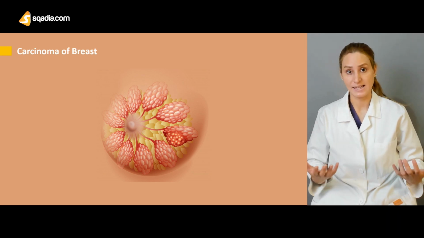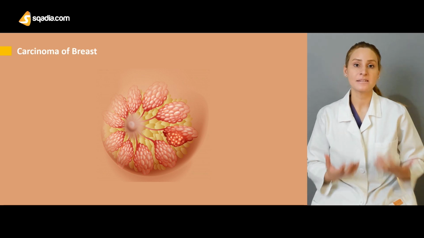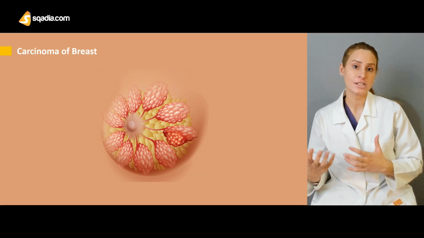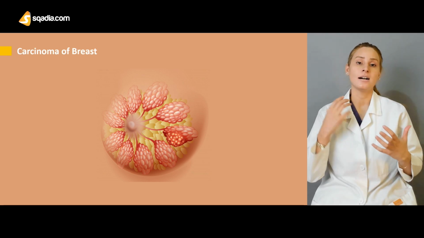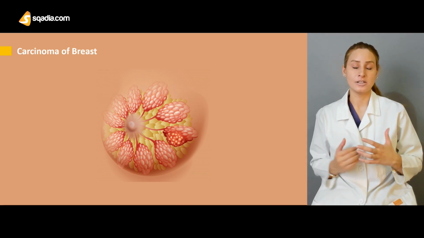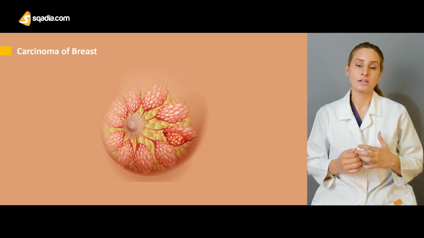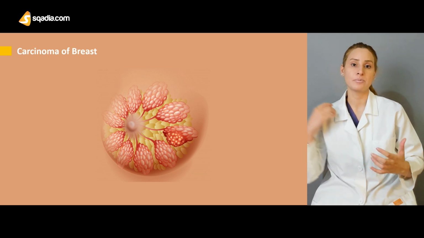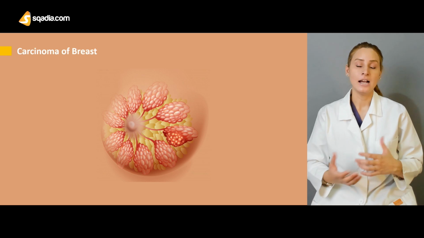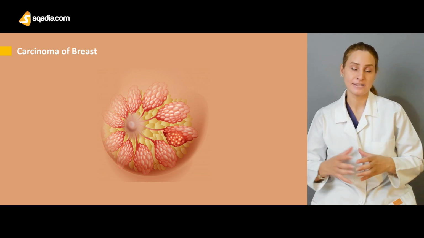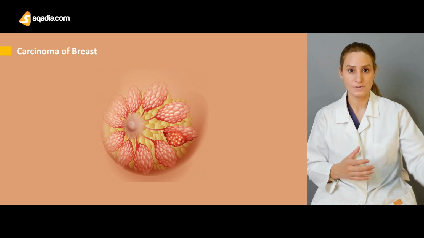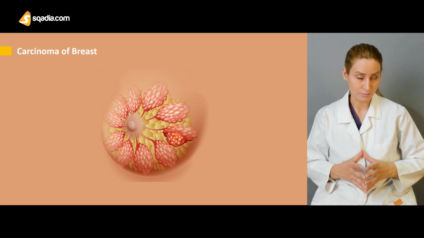A sentinel node is the first lymph node in which there would be drainage of the lymph. From there it goes to the nodes in the axilla, like the interaxillary groups, and then all the way to the supraclavicular nodes.